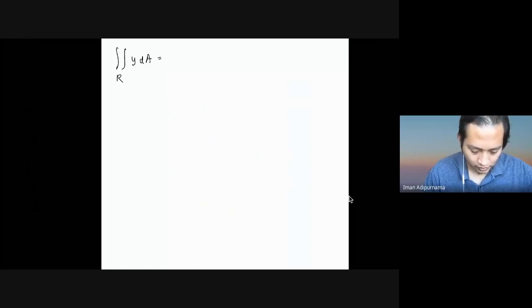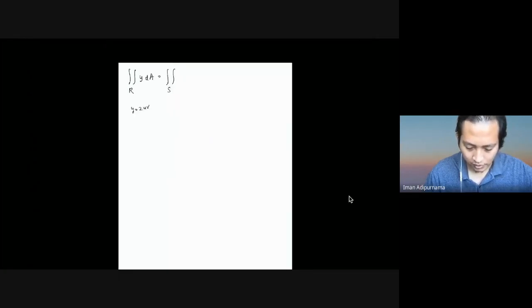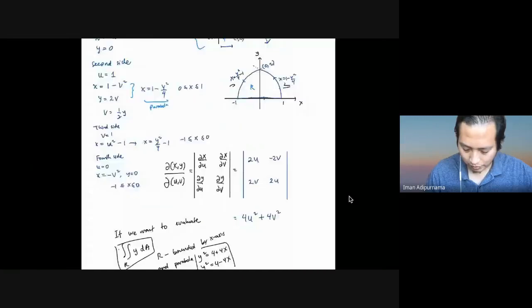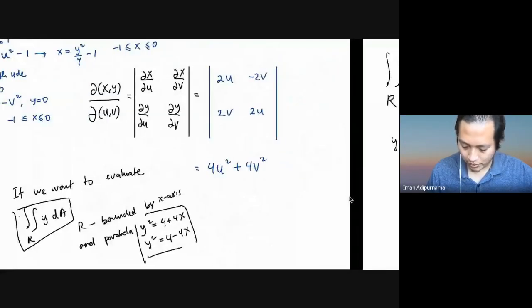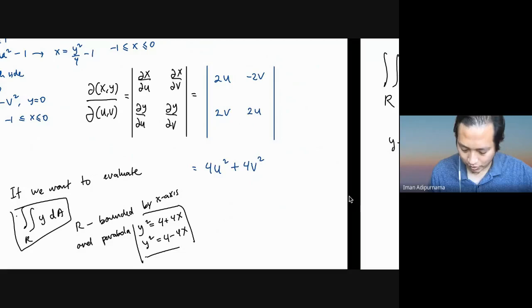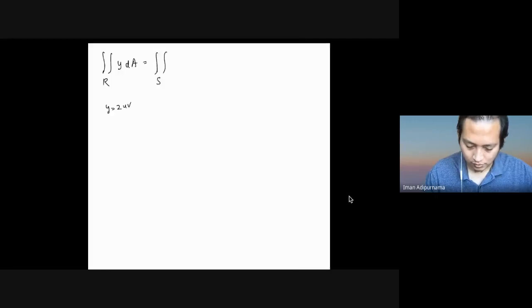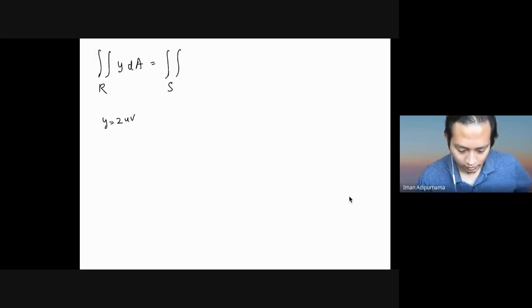So y is actually 2uv, so we can write r becomes s. Okay, we are going back. So we are going back from xy here to uv. So this will be 2uv, and then the Jacobian, and then the a.